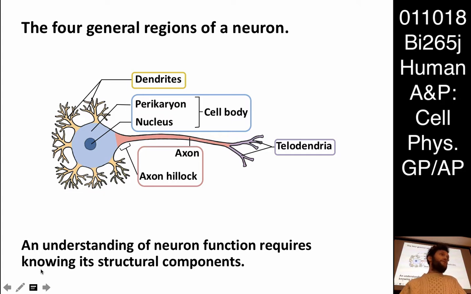But if it helps you remember how to pronounce that word, perikaryon. Peri actually means beside, and karyon is a reference to the nucleus or the origin of the cell. The word karyon has a Greek root that means origin.